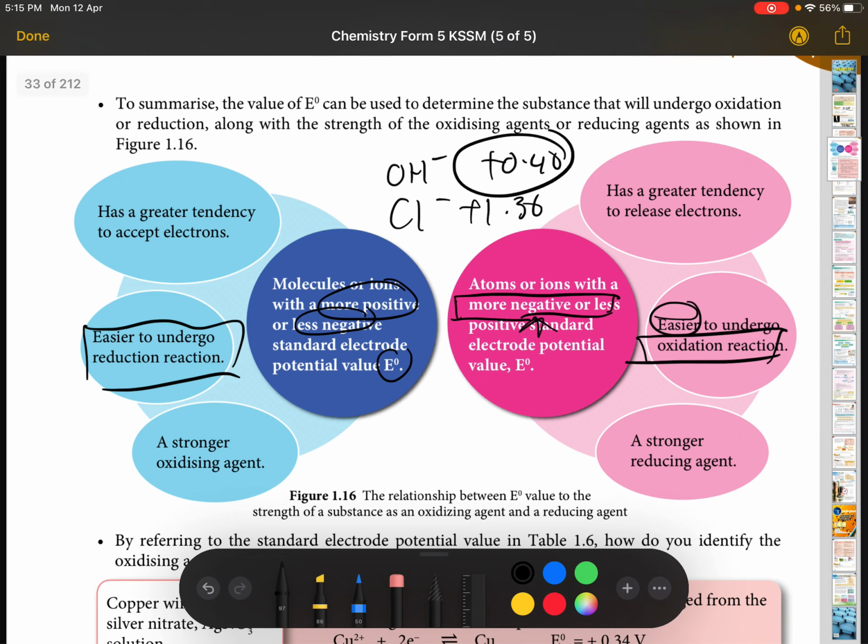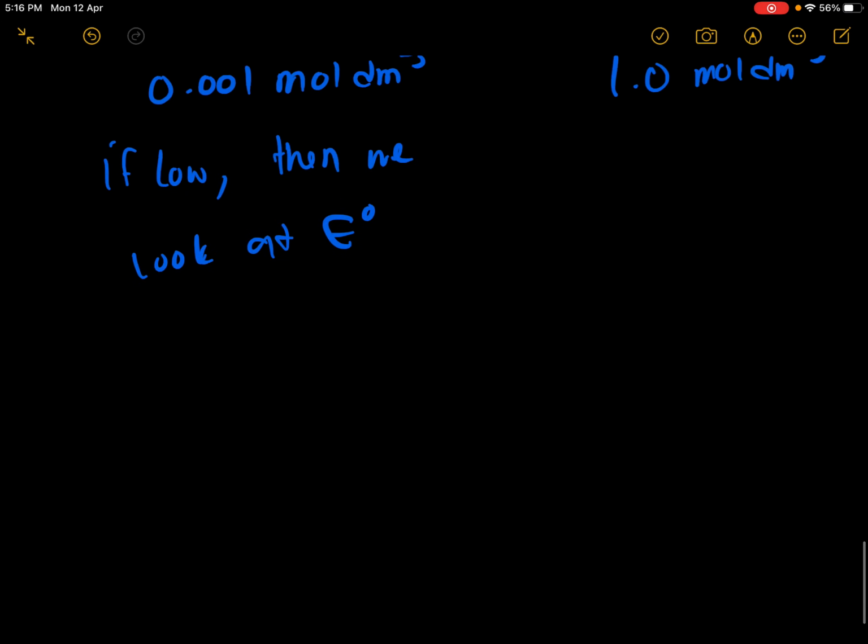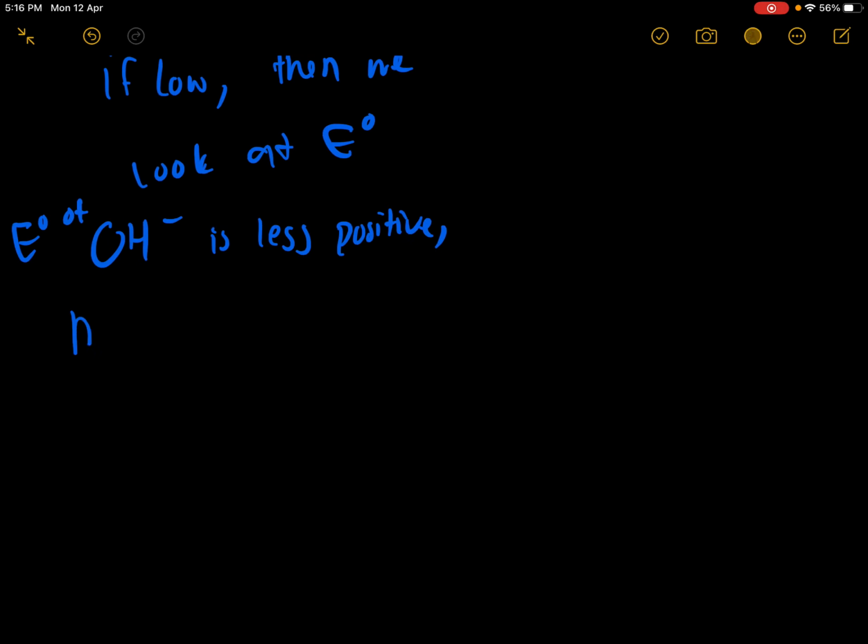We want to find the more negative value. Since OH minus is less positive or more negative, it is a lower value. So OH minus is the one that reacts at the anode. Since at the anode the E0 of OH minus is less positive, hence at the anode it's OH minus that gets reacted.